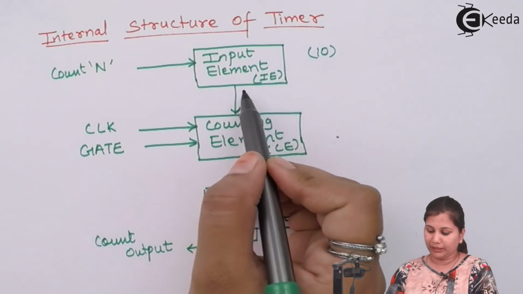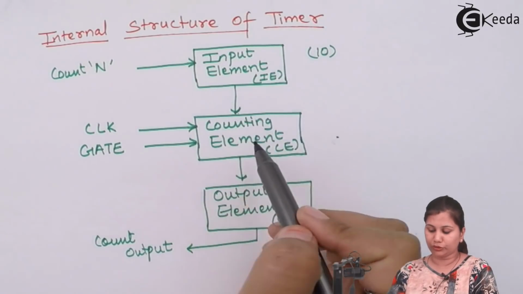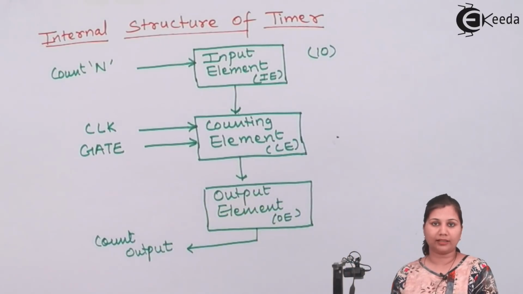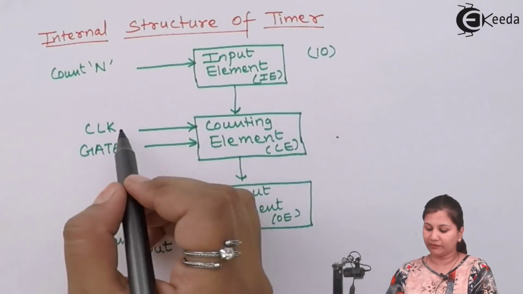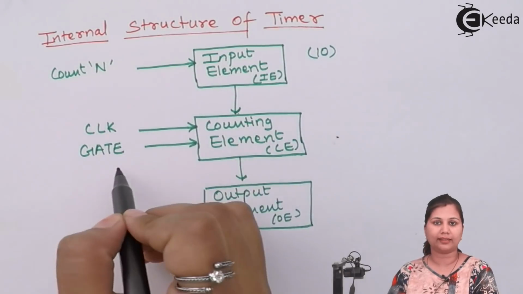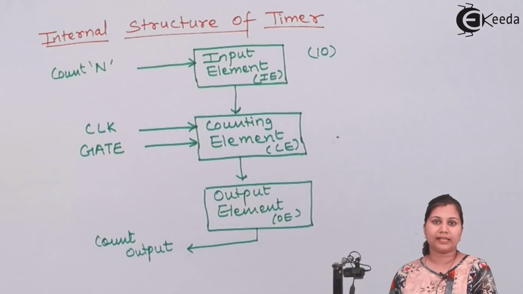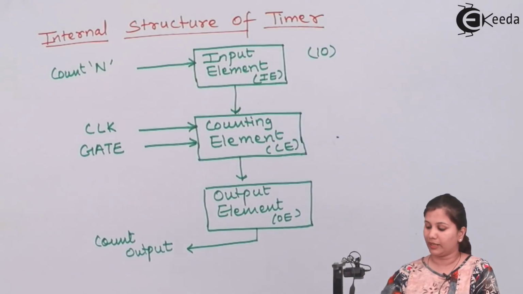Now this input element will provide this count to the counting element, and this counting element will start decrementing the count when it is given the clock and the gate input. As we know, the timers are down counters, so it is going to decrement the count for every high to low transition of the clock input.